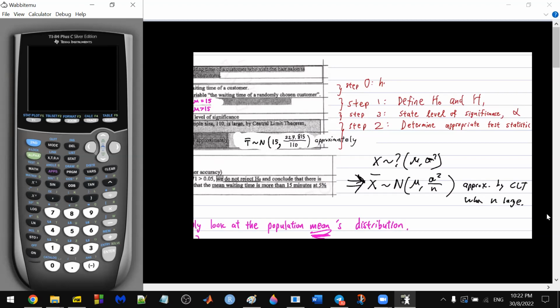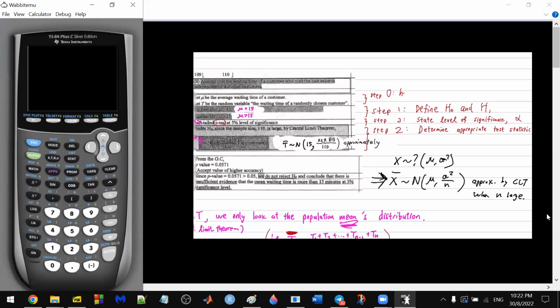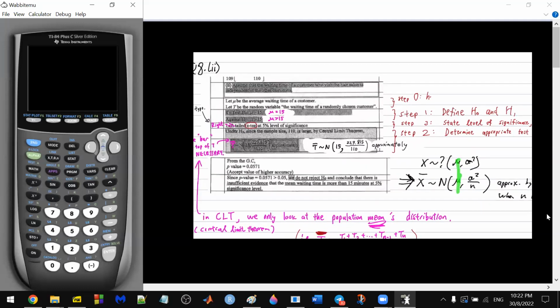Okay, so now, can you see what is your mu? 15. Where did it come from? From the question. Yeah, everything comes from the question. More specifically, which part of the question?